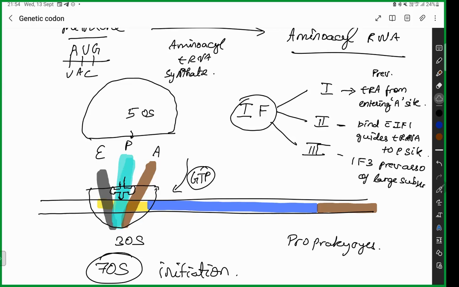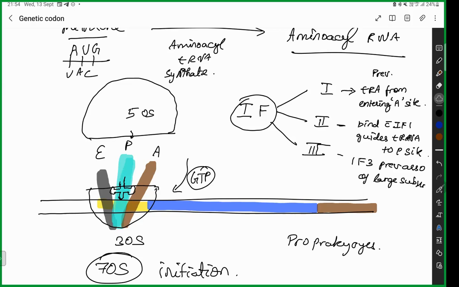What are those sites? A site, P site, E site. I want you to remember this order. Remember APE, in the reverse direction, E, P, A. A stands for acceptor site, P stands for peptidyl site, and E stands for exit site.